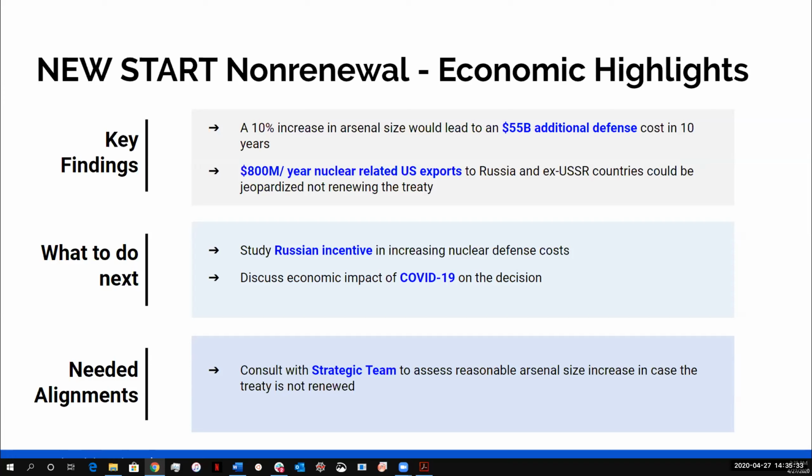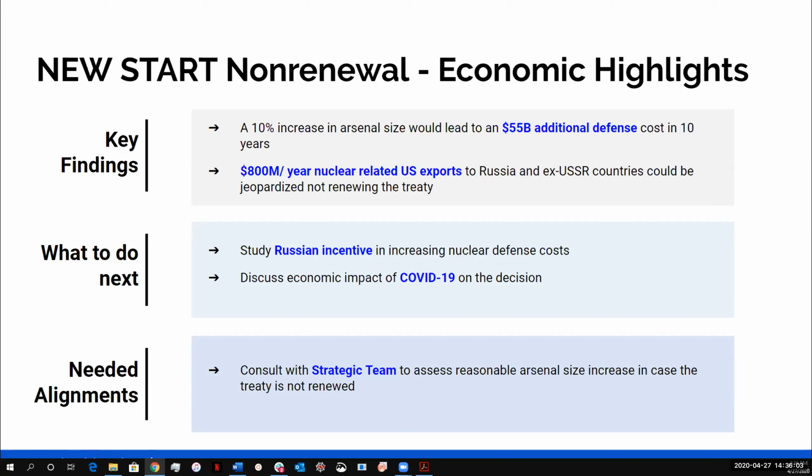We also included in our analysis some costs related to nuclear, non-weapons, let's say peaceful nuclear use. So we focus on the exports of the United States towards Russia, Baltic countries, and other pro-Russian countries, because we expect that if the treaty is not renewed, some of these earnings from the United States might be lost due to the loss of the diplomatic climate between these two parties.